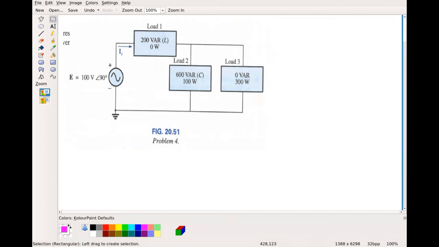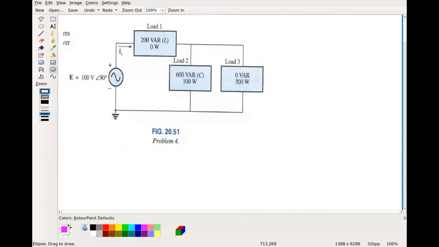They're telling us that up here this is an inductor, and that this is a capacitor. But there's also wattage here. Up here they gave us 0 watts, but down here we have 100 watts. And down here we have 0 VARs, but we have 300 watts.